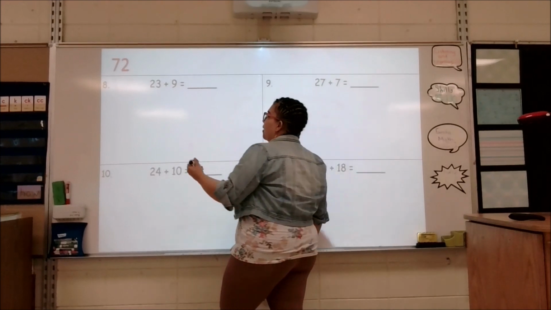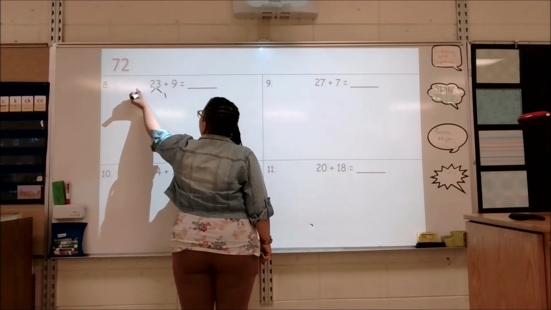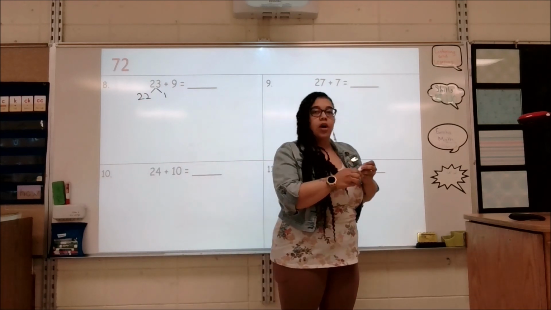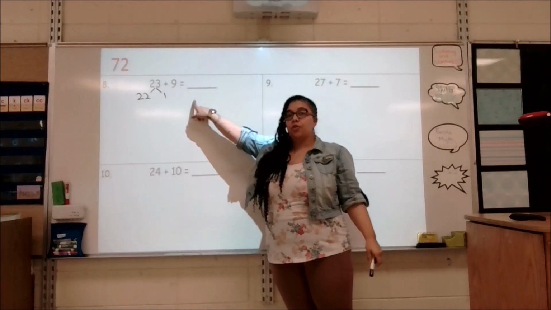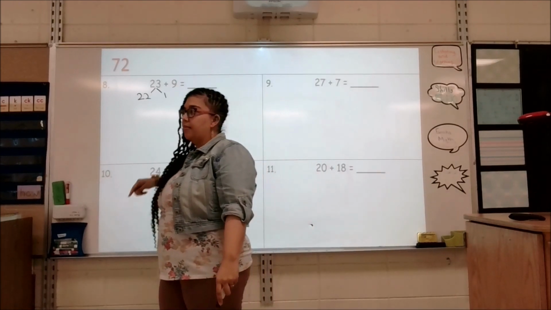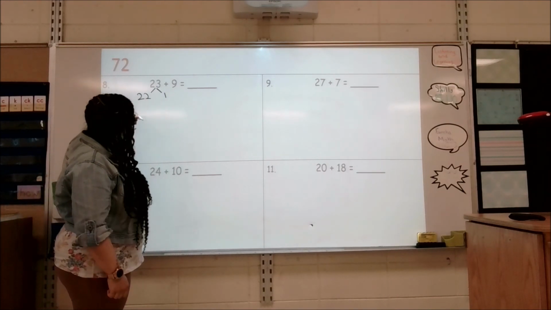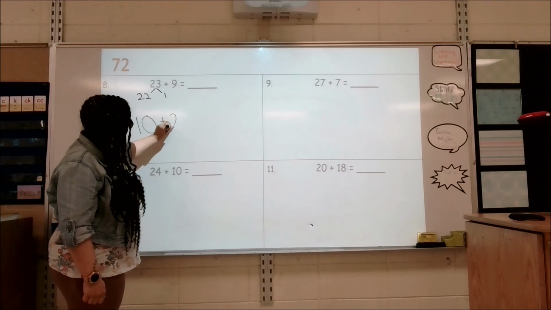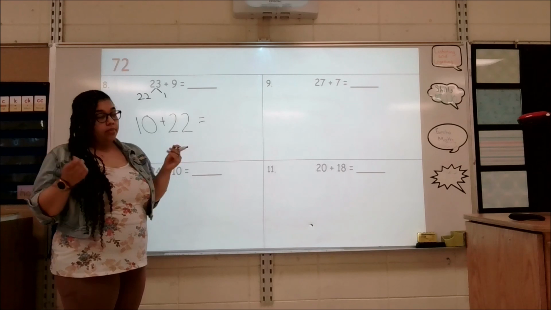So we're going to take that 1 from the 23, which leaves 22. We're going to take that 1 out of the 23 so that I can create a complete group of 10. And then add the remaining 22. So that gives me 10 plus 22 is equal to blank.